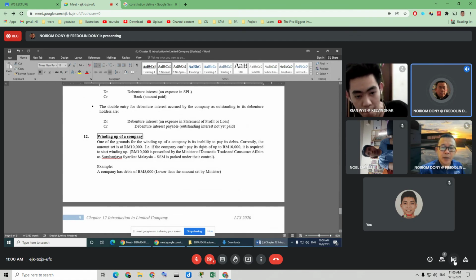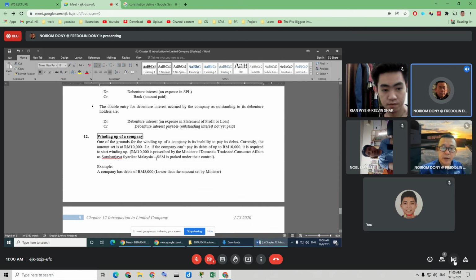10,000 for a company is too small, but if they still cannot pay, it means the company is in trouble already, so it is required to start winding up, by Bursa Saham Kuala Lumpur or Suruhanjaya Syarikat Malaysia. The 10,000 is prescribed by the Minister of Domestic Trade and Consumer Affairs.